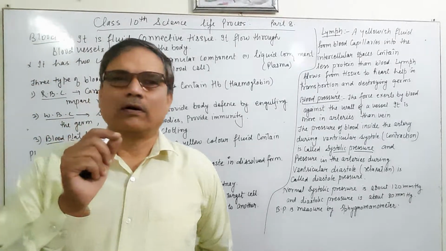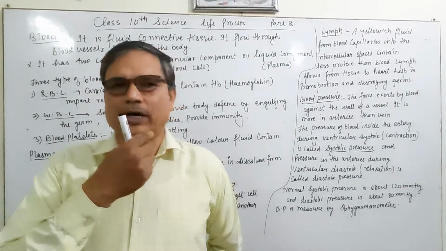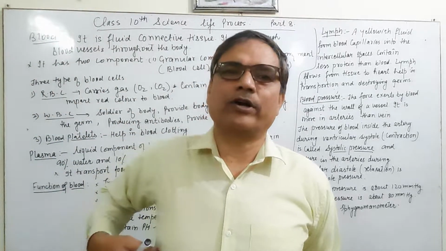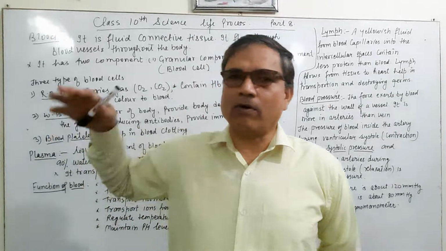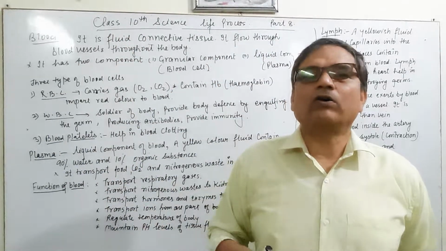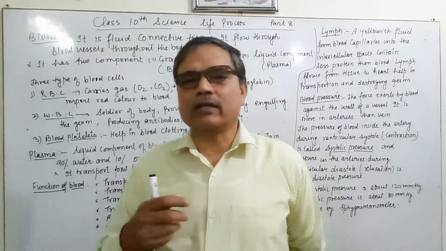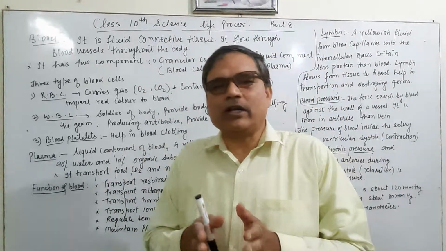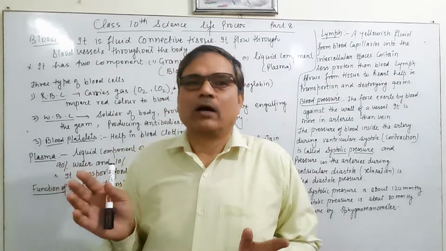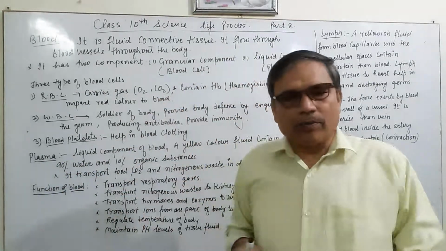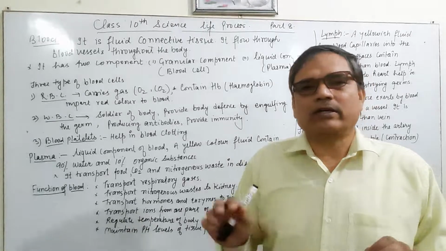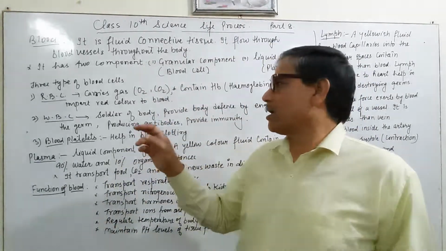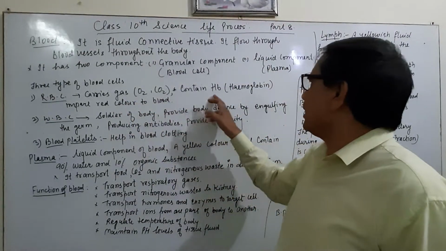It carries oxygen from the alveoli of the lungs to all parts of the body, and from all parts of the body it carries carbon dioxide back to the alveoli or the lungs. This is the exchange of gases. Blood carries oxygen and carbon dioxide and contains hemoglobin.